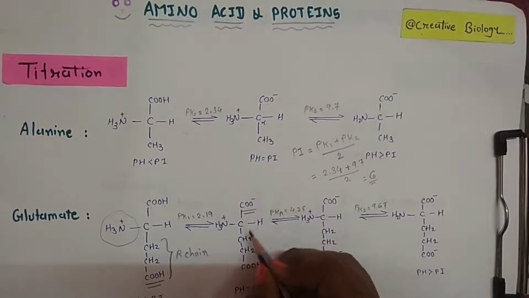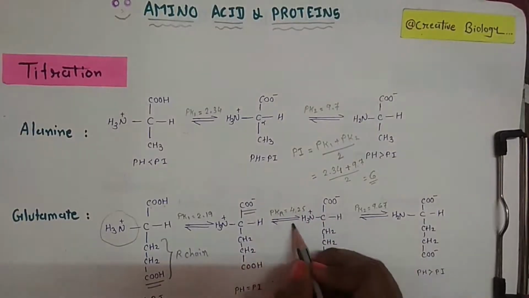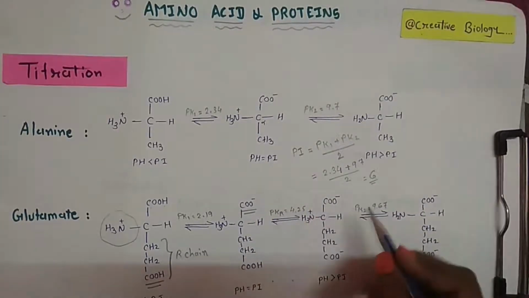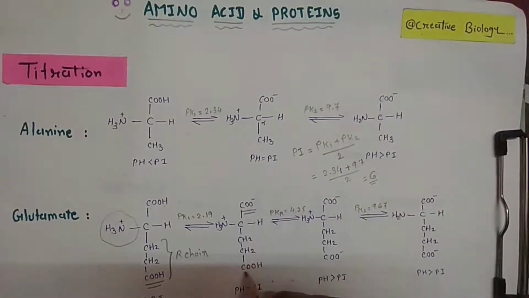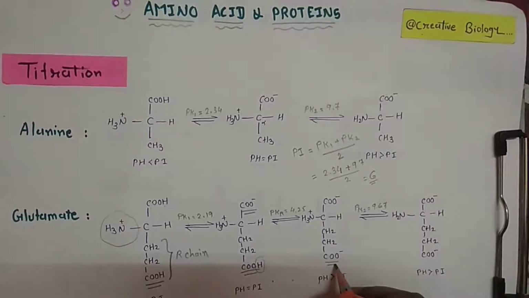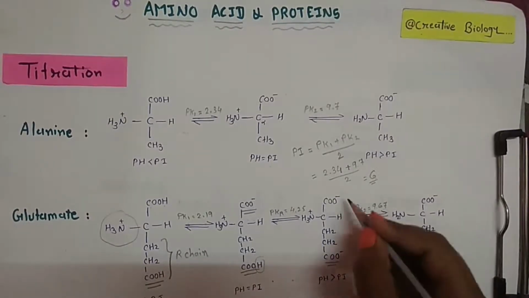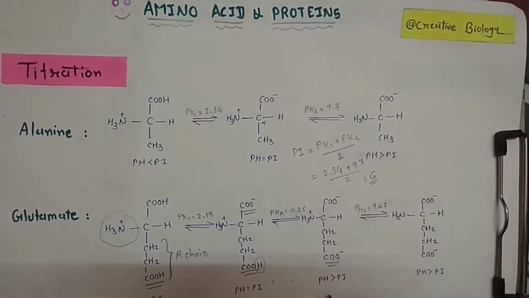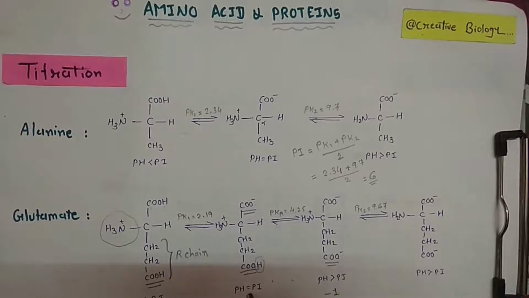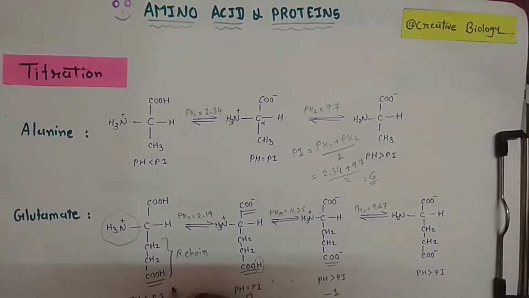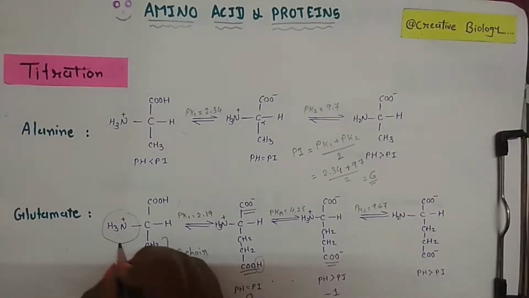But if we titrate it with a basic solution, the second ionizing group present in the R chain will donate its proton and convert into the COO minus group. So here the molecule gets a -1 charge, here it has 0 charge, and in this case it has the +1 charge of this group.